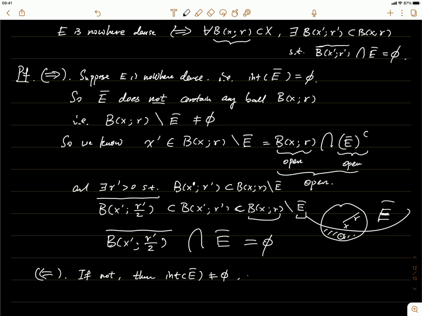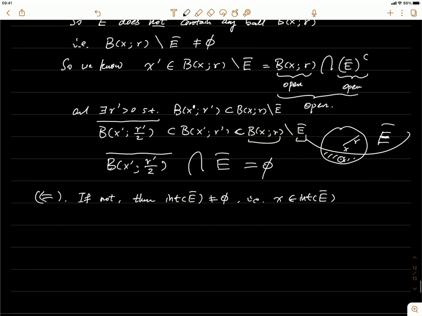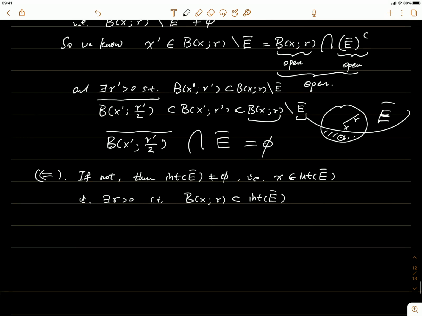And this means that there exists x that is an interior point of E closure. And that also means that there exists some radius such that the entire ball B(x, r) is inside the interior of E closure.